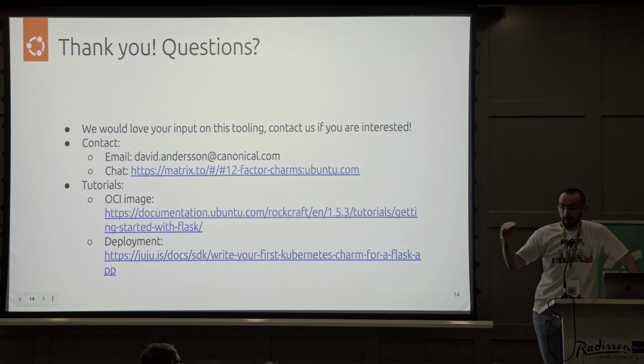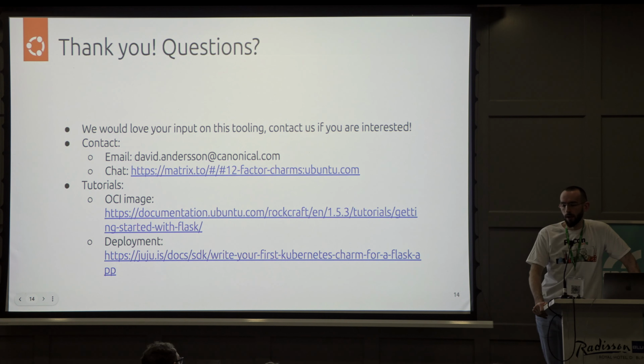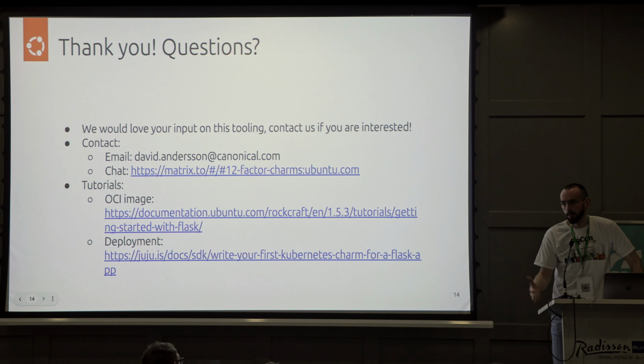Then you can deploy OpenStack on top of that, and then a Kubernetes cluster, all using Juju and just commands from the terminal. So if you have an on-prem installation, you can also use this tooling to get to a Kubernetes cluster.